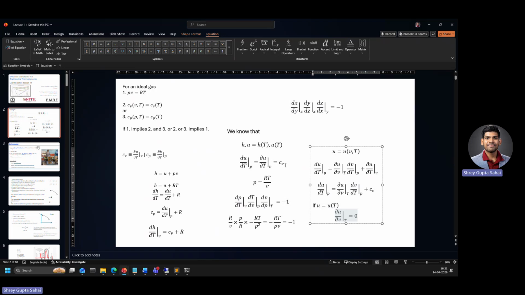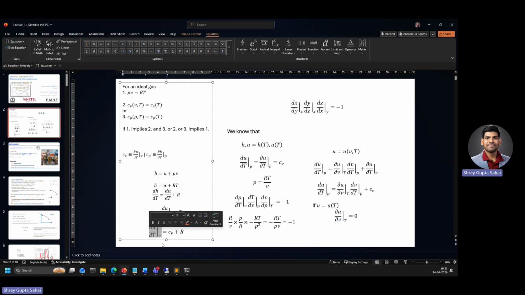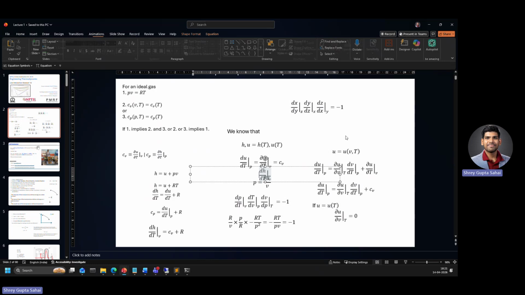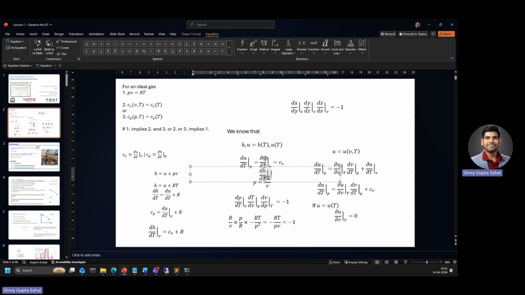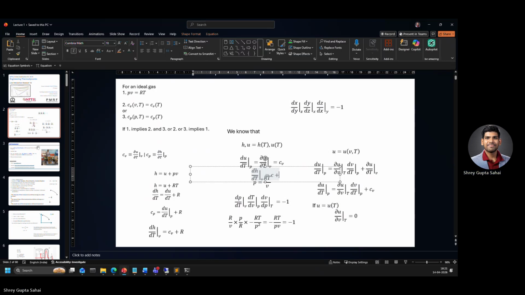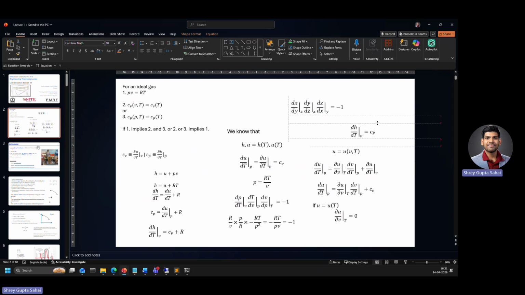That is one thing. Similarly, you can also show this part, that dH by dT at a constant P should be Cp. Quickly we can show it, like how we showed it for dU by dT.